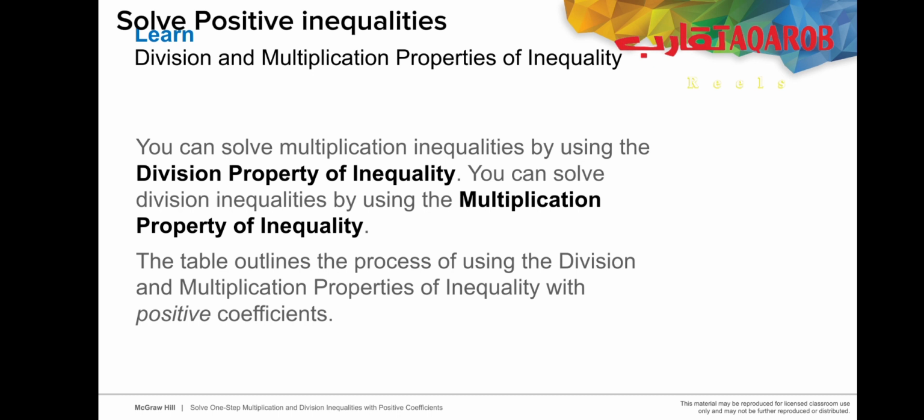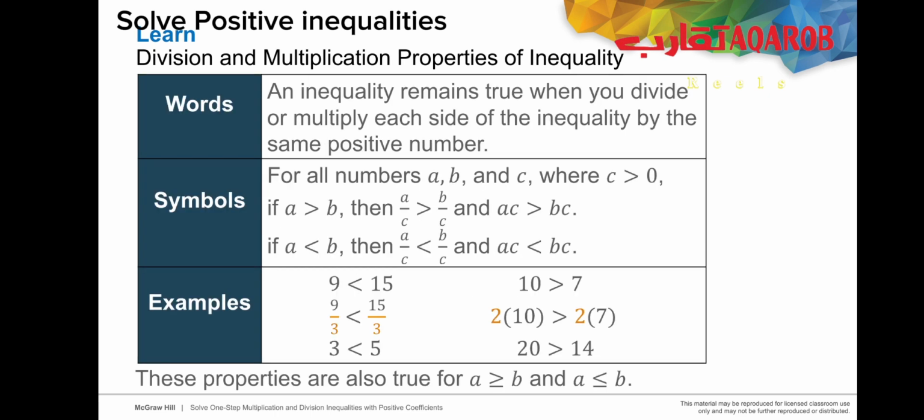So if I have a number that is multiplying the variable and I want to isolate the variable, I will use the inverse operation of multiplying, which is division. And if I have the opposite, the variable divided by a number, and I want to get rid of it, I will multiply the whole inequality by this number. The table will explain more about what I'm talking about.